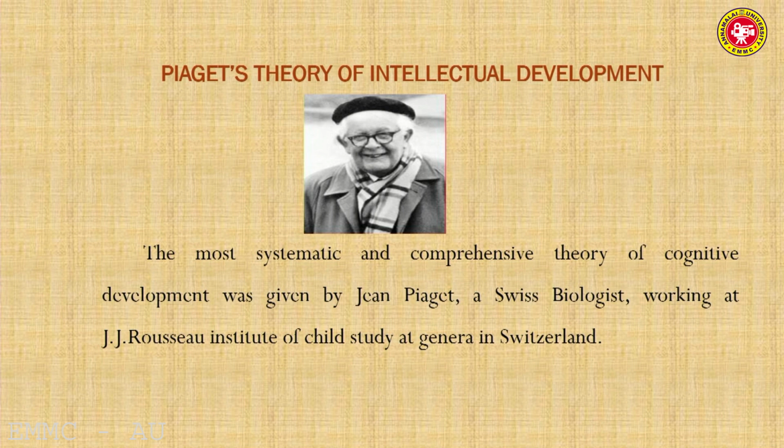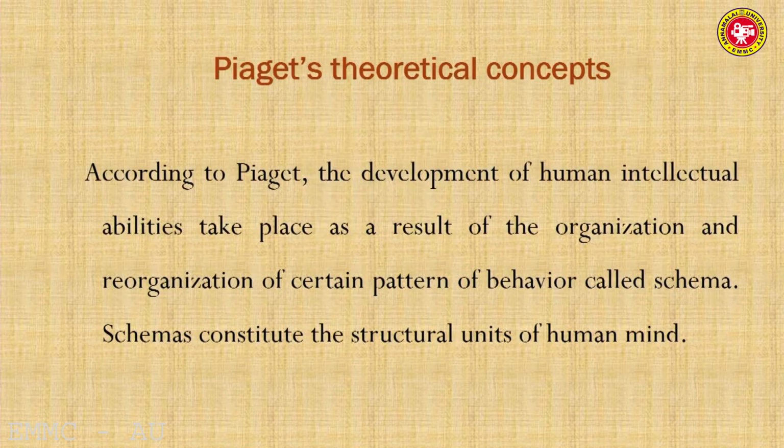This is Jean Piaget. He is a Swiss biologist who worked at the J.J. Rousseau Institute of Child Study at Geneva in Switzerland. Piaget's theoretical concepts explain that the development of human intellectual abilities takes place as a result of the organization and reorganization of certain patterns of behavior called schema.